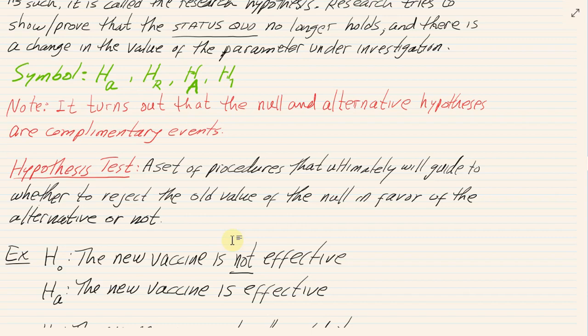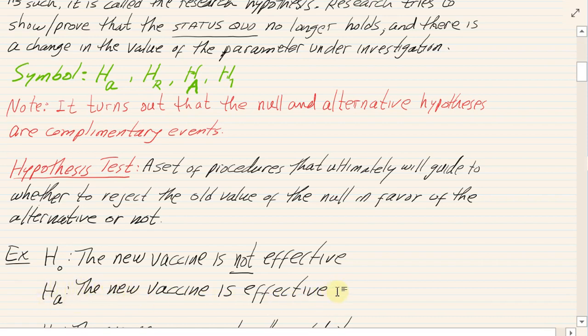So in my first example, let's say these different companies are working towards a vaccine for COVID-19. Okay, so whichever the company is, they're hoping to show that their vaccine is effective. So this becomes the statement of the research.